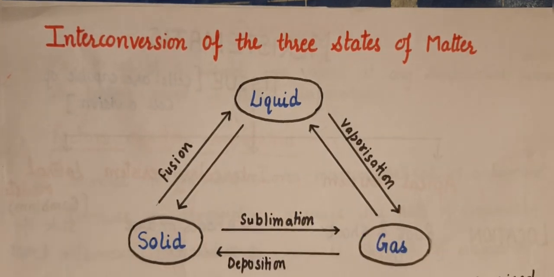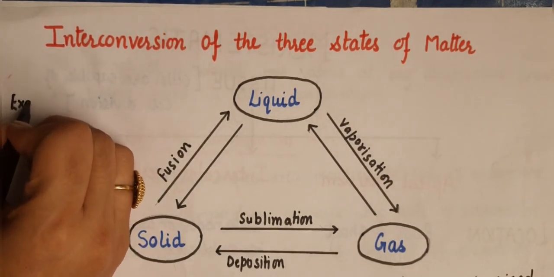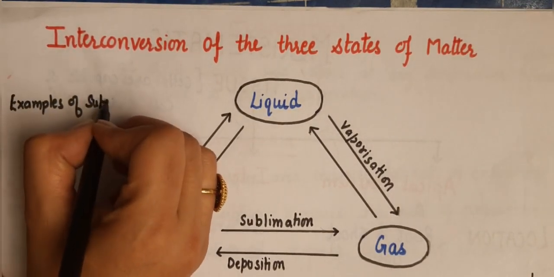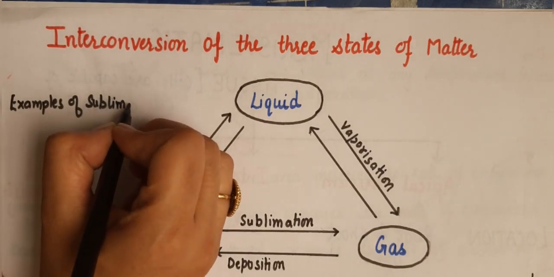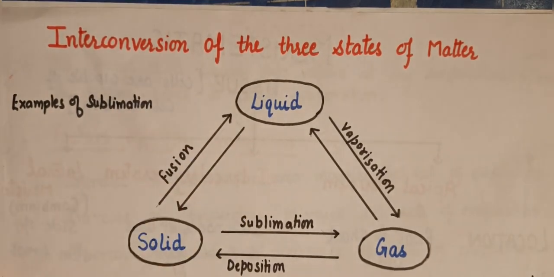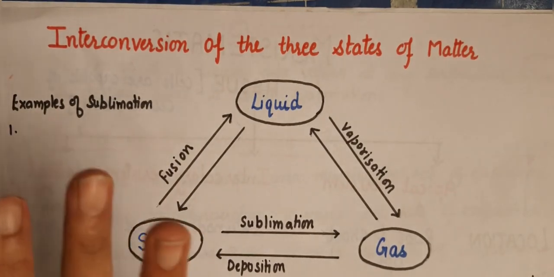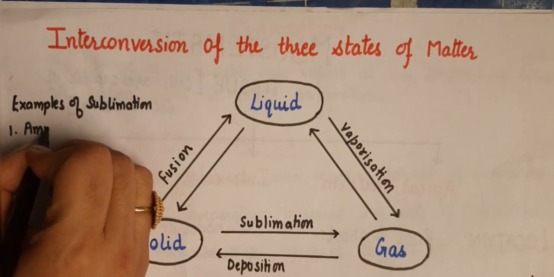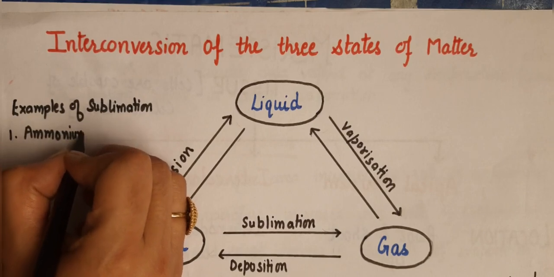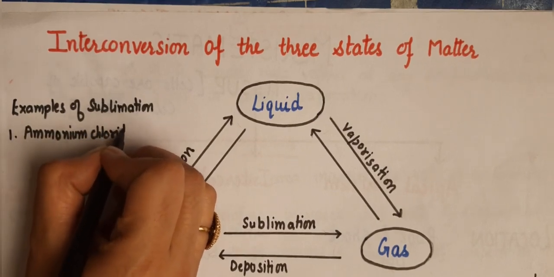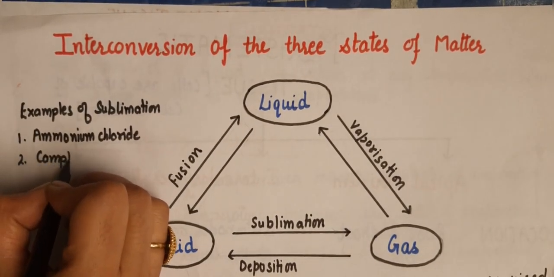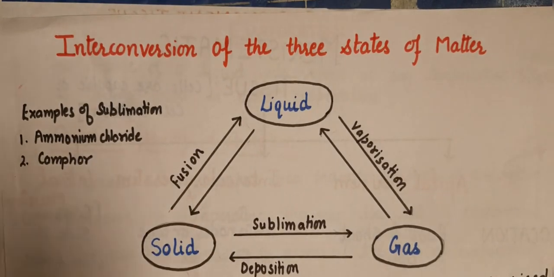And do you know a few examples of sublimation? Yes, give some stress to your mind. There are 4 examples. What are the 4? First one is ammonium chloride. Second example, camphor, which in Hindi we call kapoor.